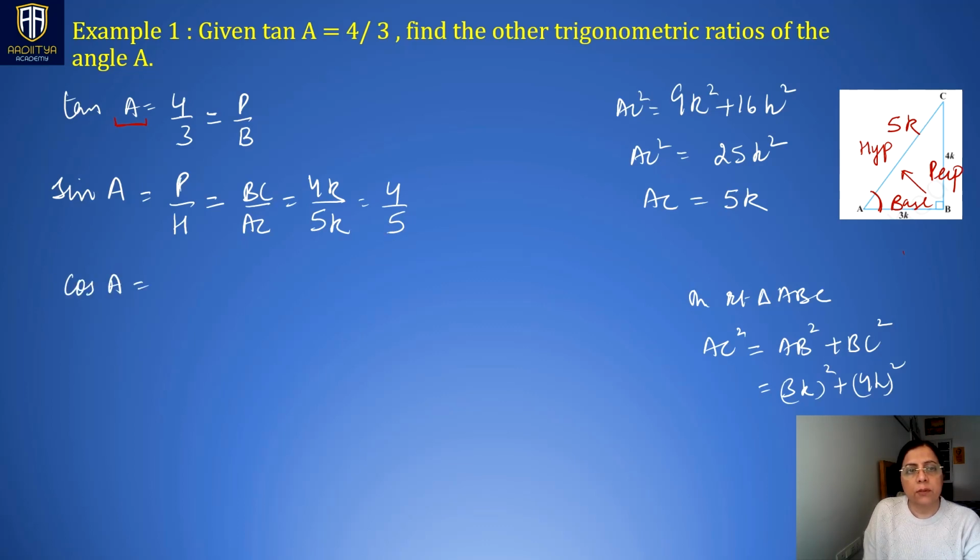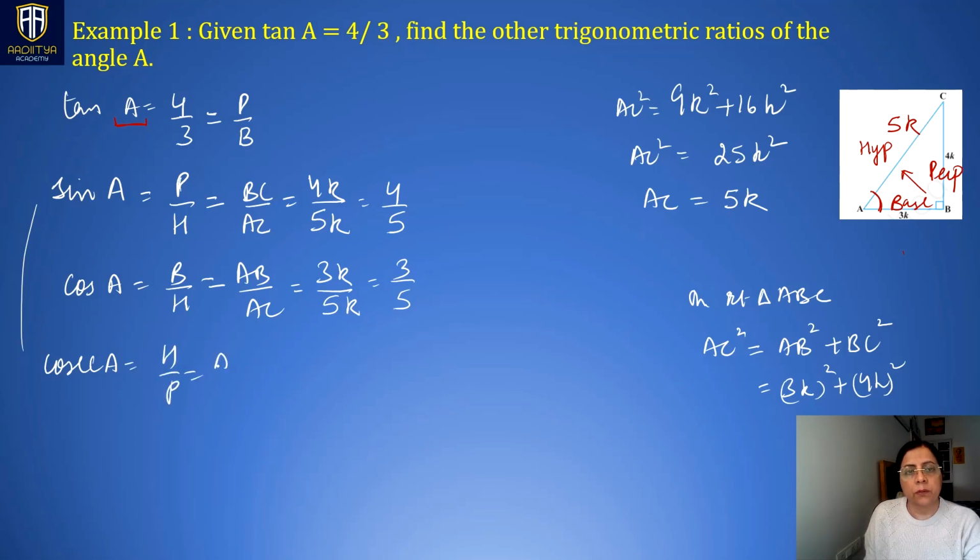Cos of A is base upon hypotenuse. Base here is AB and hypotenuse is AC. Base is 3k, hypotenuse is 5k, so it is 3 by 5. And tan A is given to us. Now we have to find the other three trigonometric ratios. Reciprocal of sine is cosec. Cosec of A is H upon P, or AC upon BC, 5 by 4.